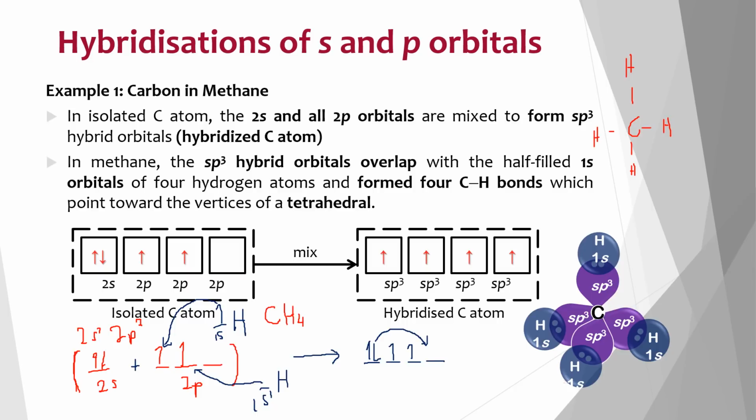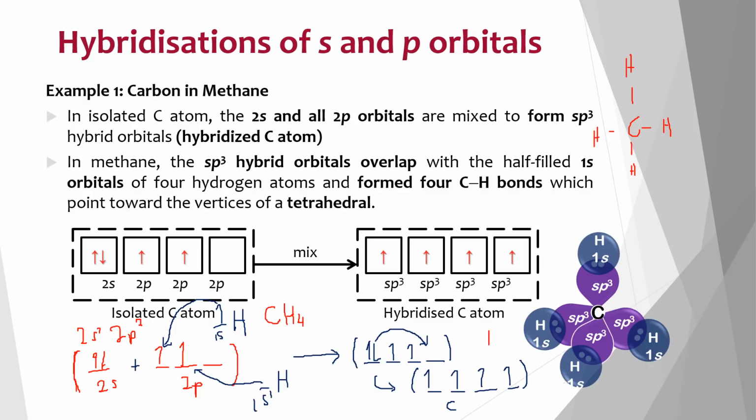This is possible because the energy levels of the 2s and 2p are similar when hybridized, so the electron can move to the other place so that it becomes a single electron. So it will become like this. Now, in this hybridized state, carbon can accept 4 electrons to form bonds.